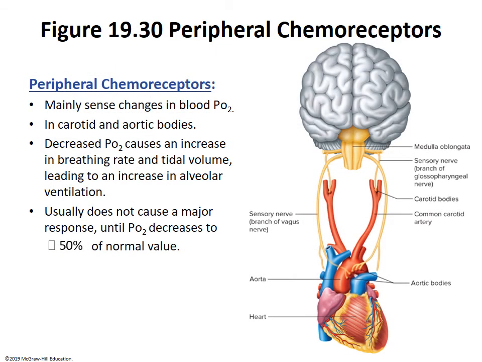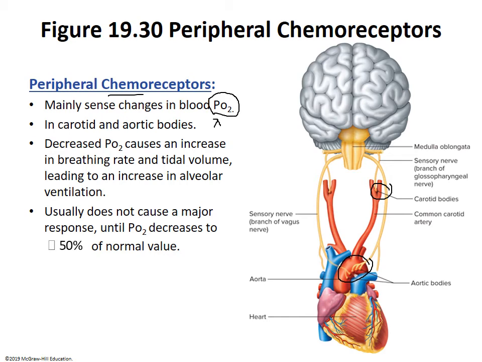The peripheral receptors are going to be in two places, and these should strike a chord in your memory bank, because these are the same two areas our blood has receptors in. Again, the baroreceptors are looking for pressure, and here we've got chemoreceptors, and these are going to be detecting both oxygen and carbon dioxide, but the main one is oxygen.